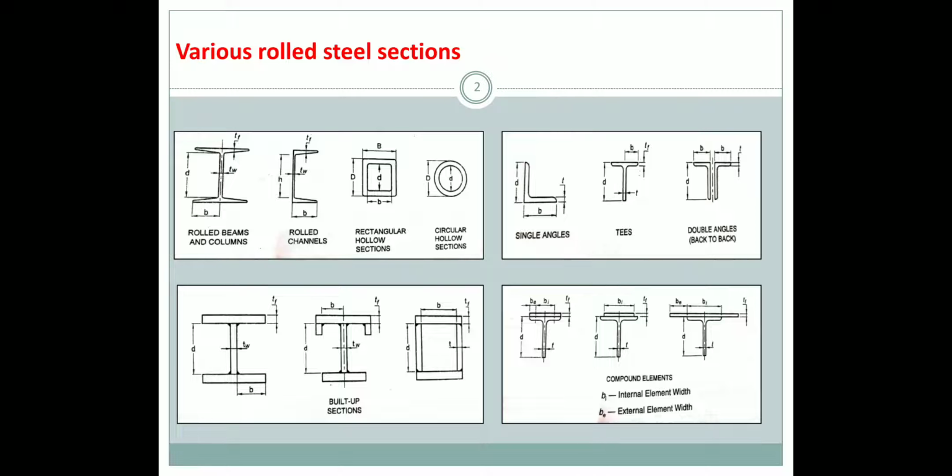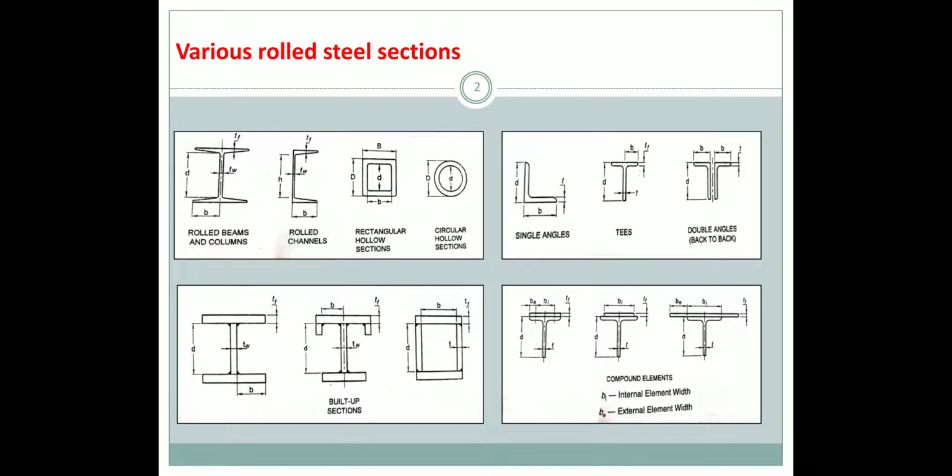In the given figure, it is the equal leg rolled channel section, where TF stands for thickness of flange of the channel section, TW is the thickness of web of the channel section, and the depth of the channel section is denoted by the small h. In the next figures, we have the rectangular hollow section and likewise the circular hollow section.